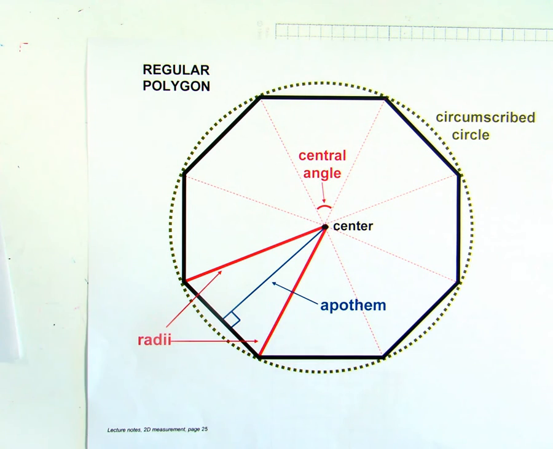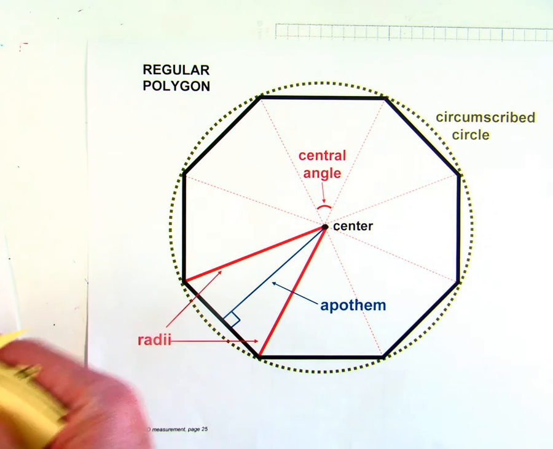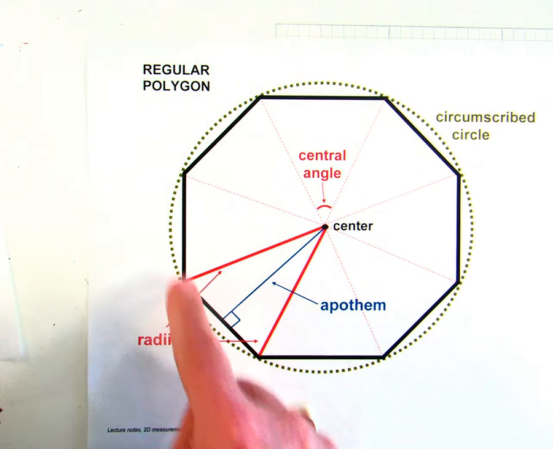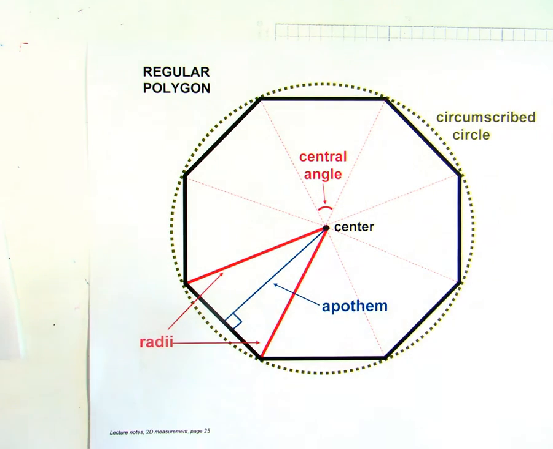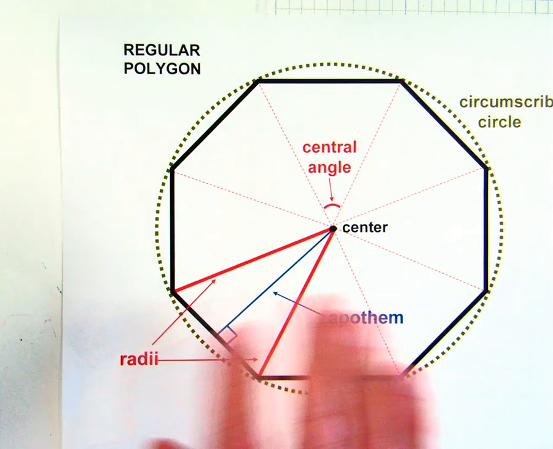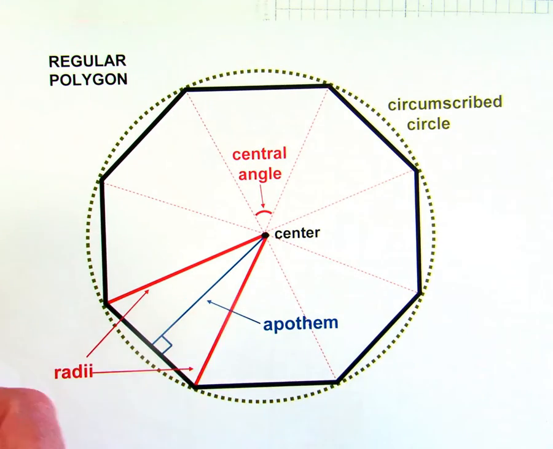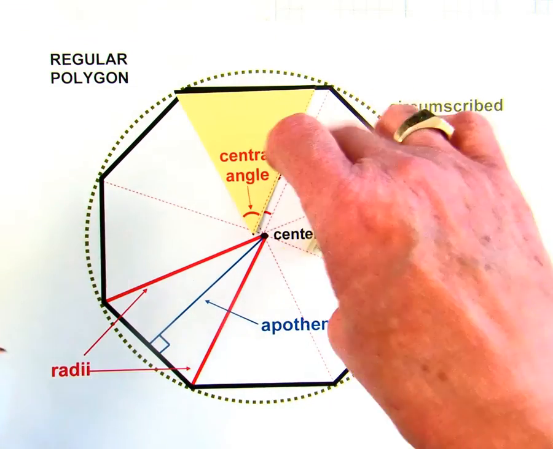We'll use this octagon to try to figure out how we can find the area of any regular polygon. Notice that the black around the outside is the perimeter of the polygon. I have some already cut up pieces representing the slices here. I'm going to go ahead and put them in.